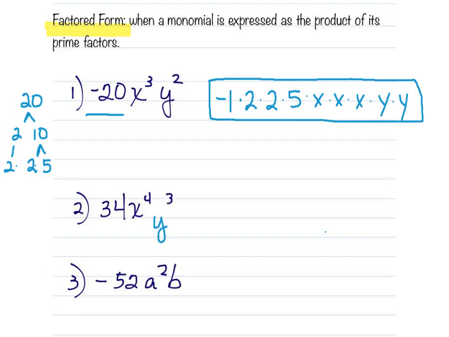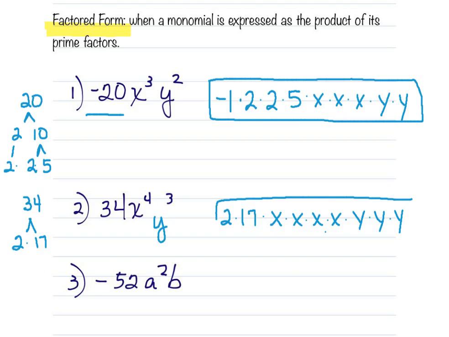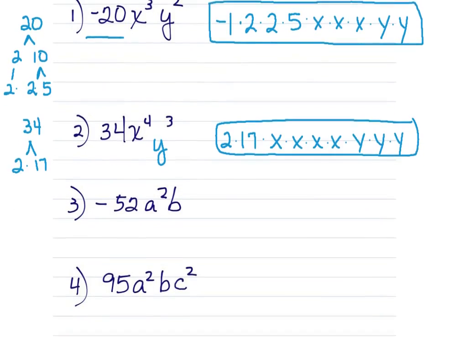Okay, so let's factor the number 34. 34 is an even number, so I know that 2 is a factor, and it's 2 times 17. 17 is also a prime number. 2 and 17 are prime numbers, so those are the prime factors of 34. 2 times 17 times 4 x's times 3 y's. Okay. All right, let's move along.